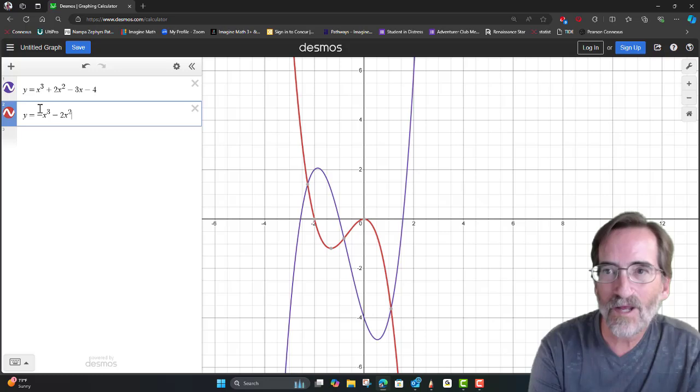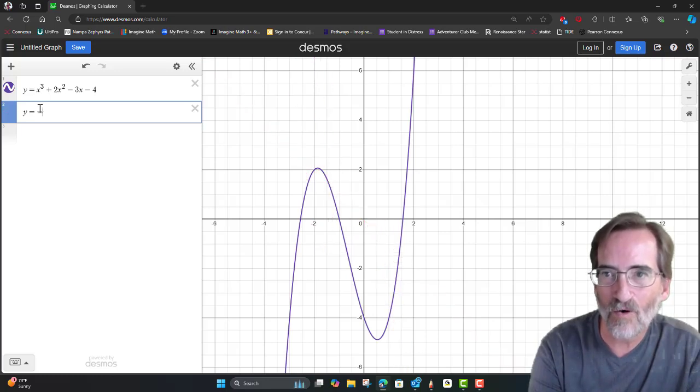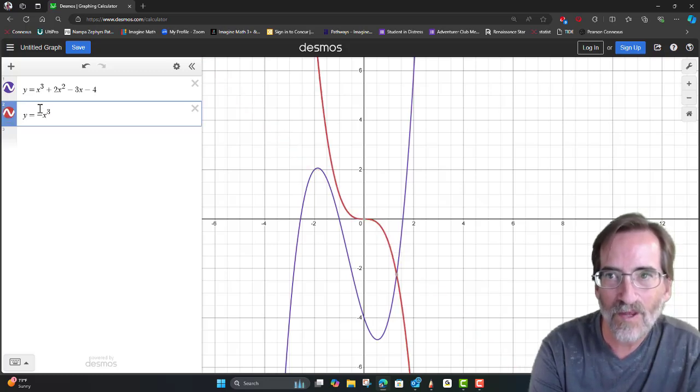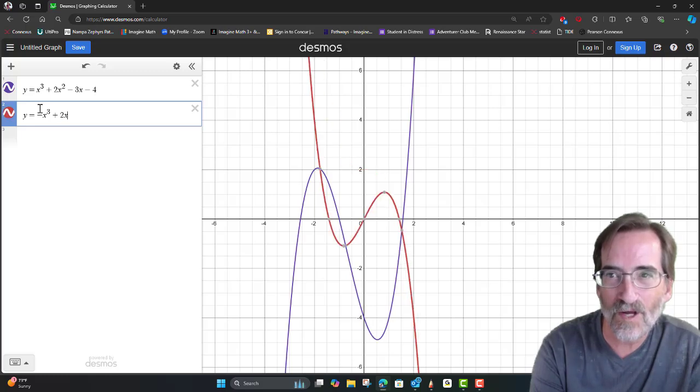Okay, and then I get a y-axis reflection by changing the sign on the x's. So I think of negative x to the third, which is negative x cubed, because it's an odd power, plus 2 times negative x squared, and negative x times negative x is positive x squared. So this is plus 2x squared.